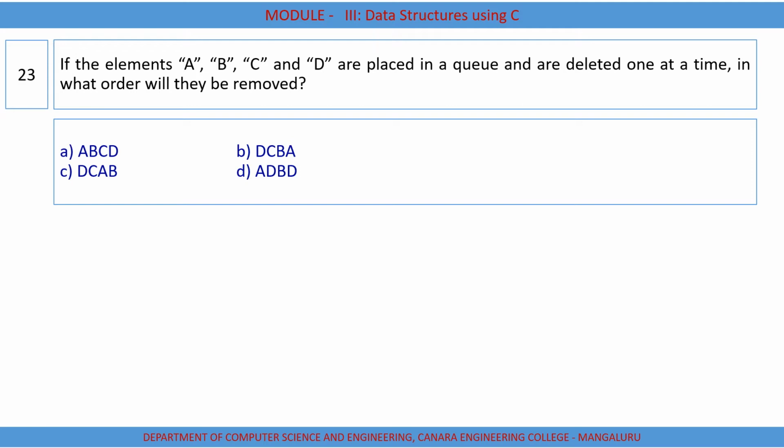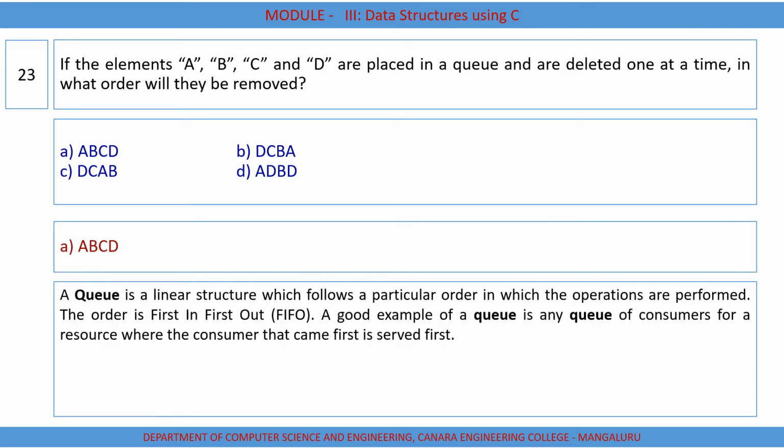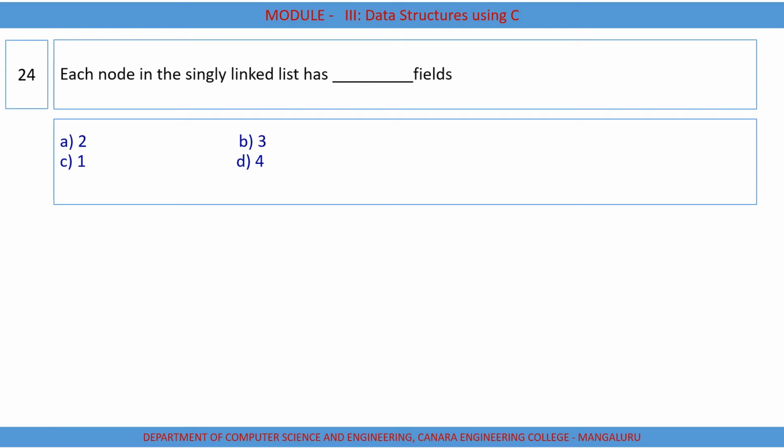First A is inserted, so that will be deleted, then B, then C, then D. Therefore the answer for this question is A, B, C, D. Queue is a first in, first out data structure. The answer is A, B, C, D.